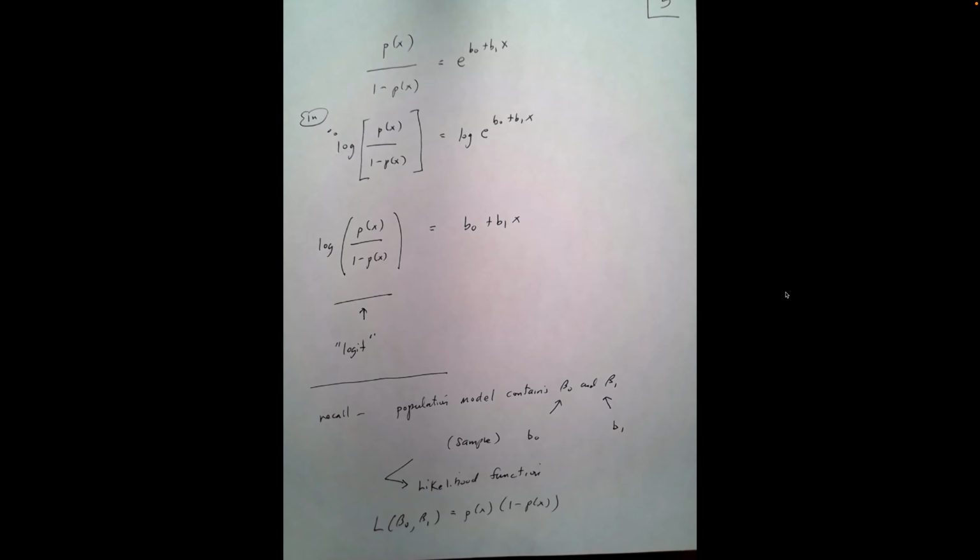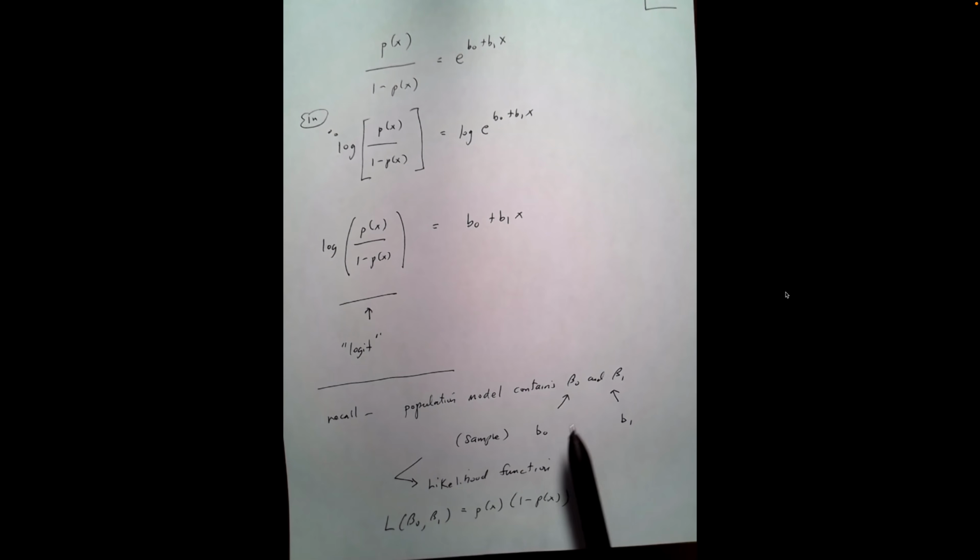Now, I believe I covered this in 5500 or maybe 6500. So if you take those classes from me, we'll dive into this phenomenon much deeper. But remember, the population model contains the coefficients beta 0, beta 1, and we collect our sample data and calculate b0, b1 to approximate these two values.